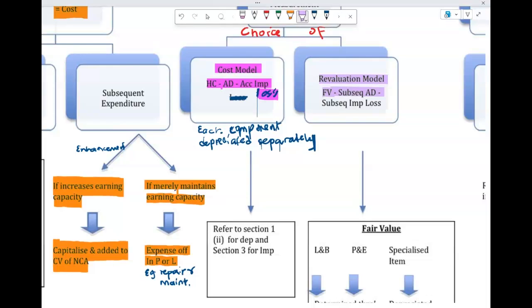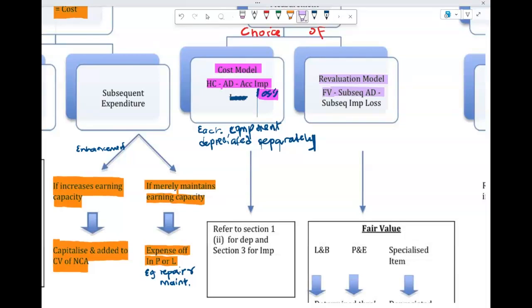What does that mean? Is after I revalued, I start fresh the AD, the accumulated depreciation, I start from zero again. So what happens to the existing accumulated depreciation? I clear it off. Okay, so that's why it's called subsequent accumulated depreciation.